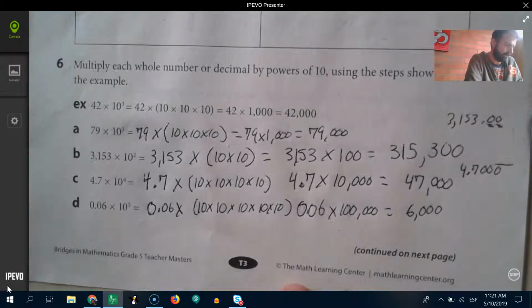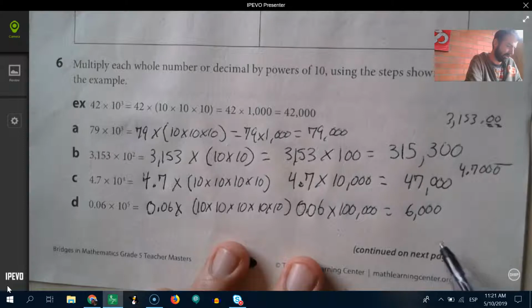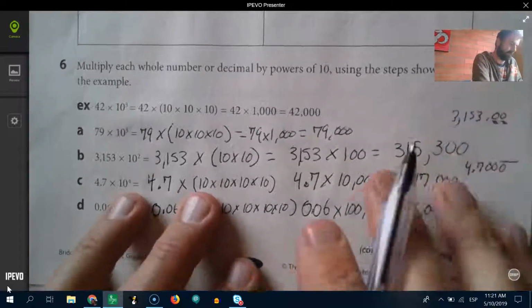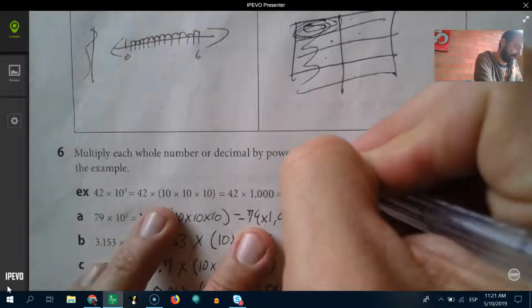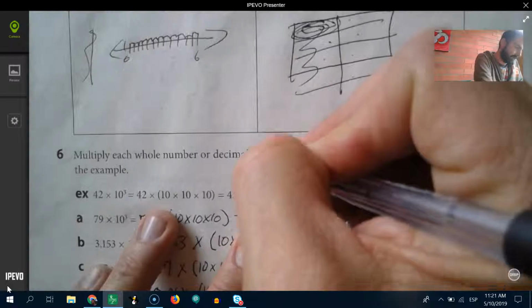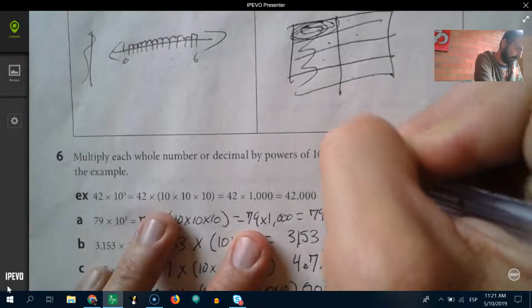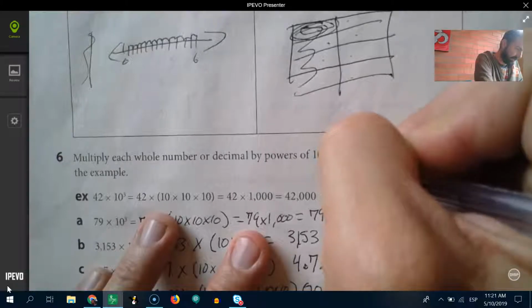Did I do that right? 10, 100, 1,000, 10. Wait, hold on. I might have messed that up. It might be 600. Okay, hold on. Maybe it would be good if I had this out here. I have decimal points. I have tenths. I have hundredths.